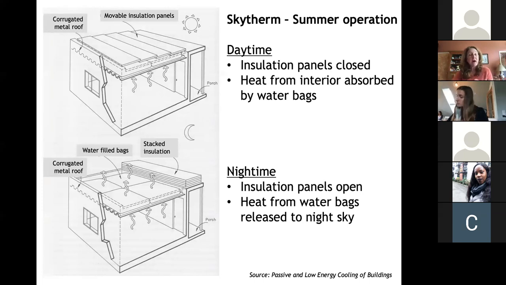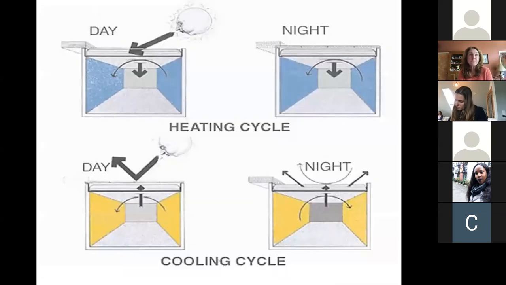And it's kind of a combination of using radiative cooling and also mass, because we know that water has really good thermal mass. So it radiates to the cold night sky, it cools down, and then in the morning, the upper picture, you close the panels, and then you have this very cold ceiling above you, and all of the heat from inside gets sucked up into that ceiling.